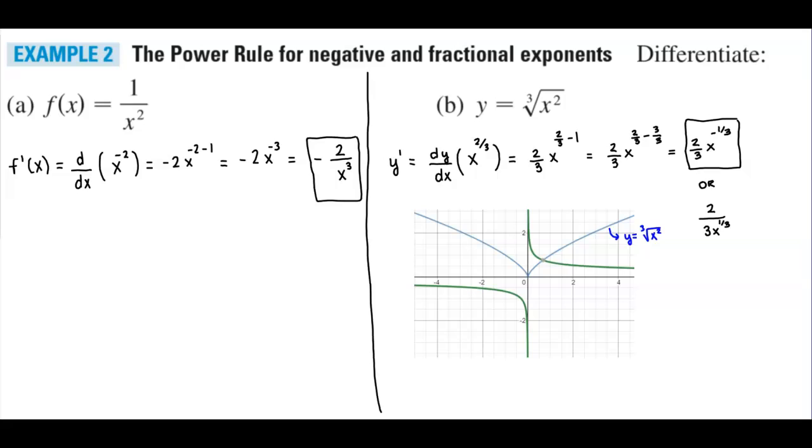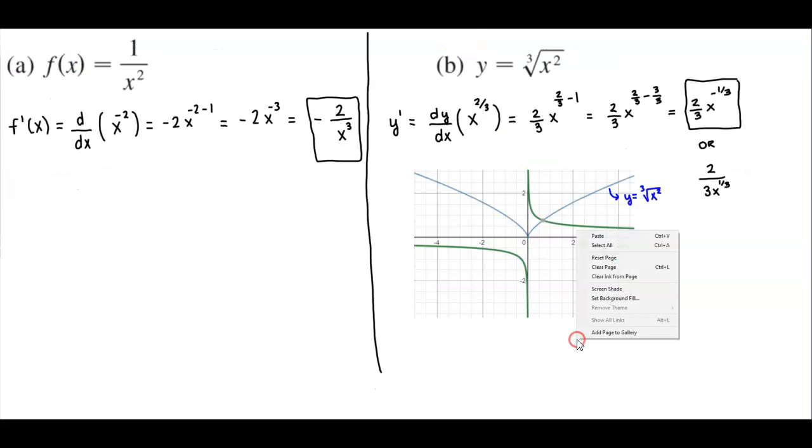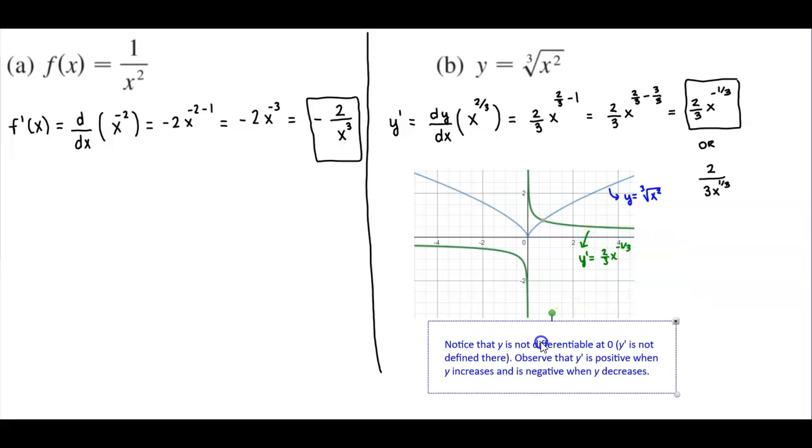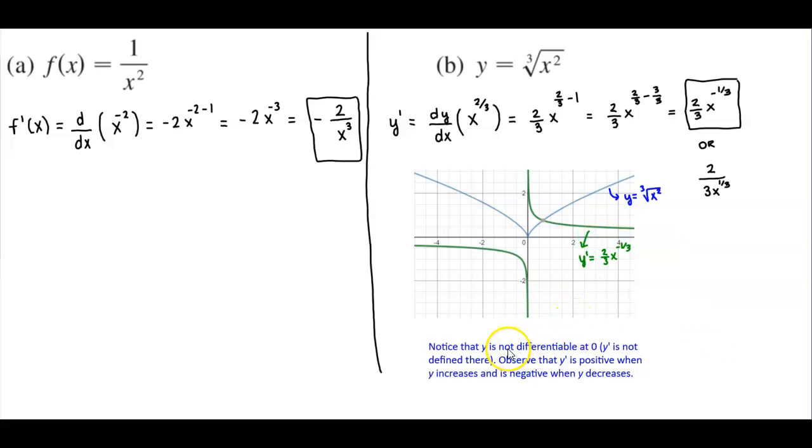And we know that the derivative is the green, where y prime is equal to 2/3 x to the negative 1/3. So if we elaborate a little bit more on it, notice that y is not differentiable at 0 because y prime is not defined there. And if you recall, that is a corner.